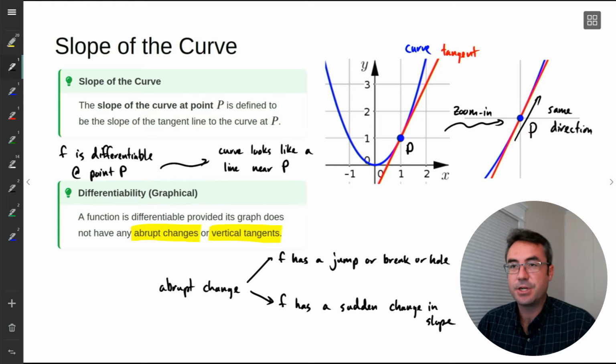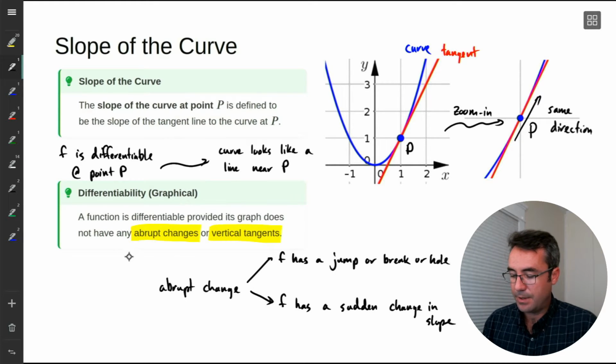So we say our function f is differentiable at a point provided the curve looks like a line near that point, except a vertical line. Vertical line, there's an issue. But if it looks like a diagonal line like this or a horizontal line, perfectly fine.